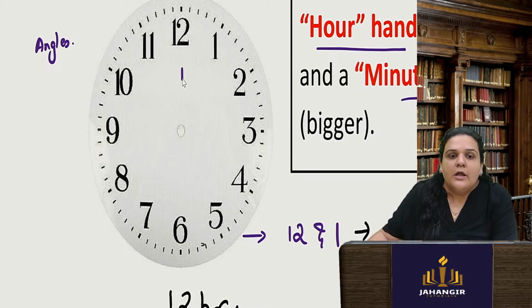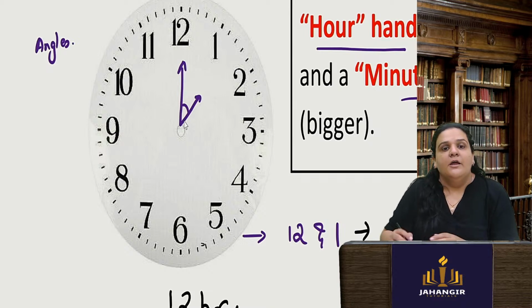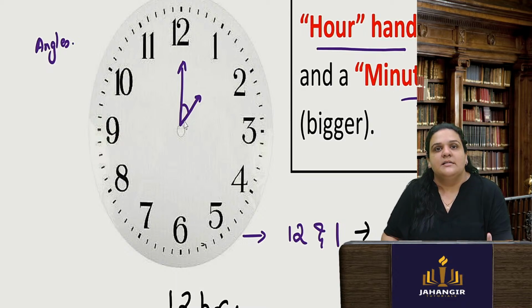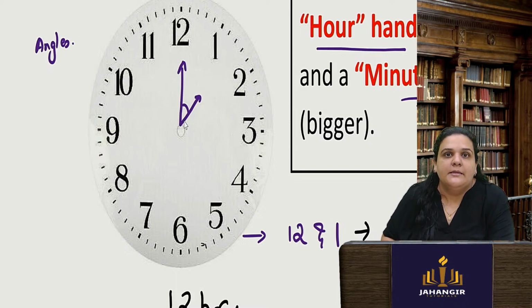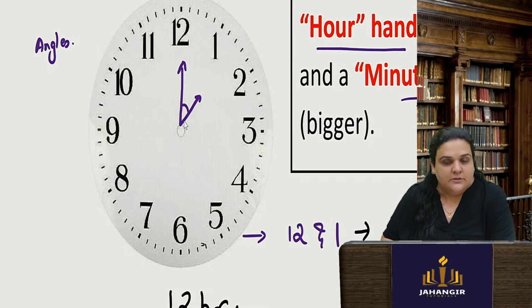If the clock is showing 1 o'clock, what is the angle between them? If the clock is showing 12:15, what is the angle between the minute hand and the hour hand? So the angle questions are going to be asked to us.